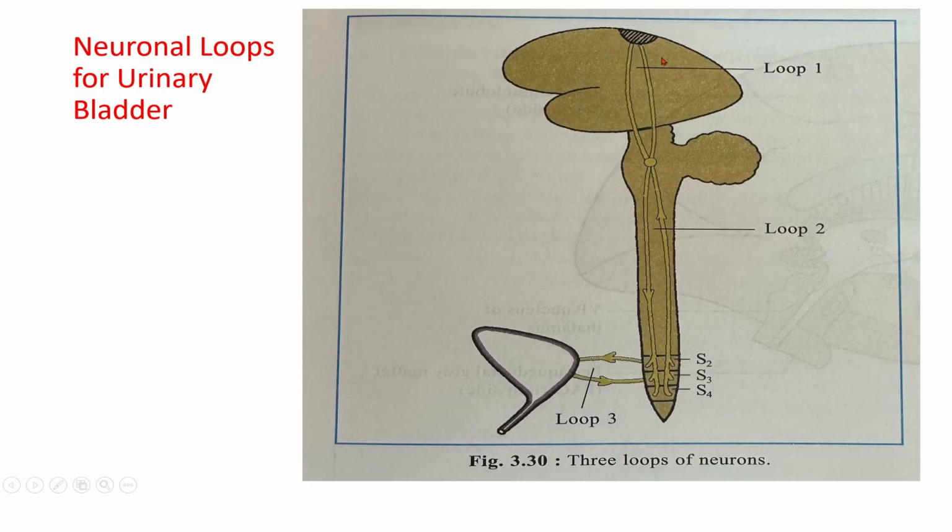Sometimes these upper motor neurons stimulate the sacral micturition center even when there is no desire, and sometimes they will stop micturition in midstream by voluntary contraction of perineal muscles.